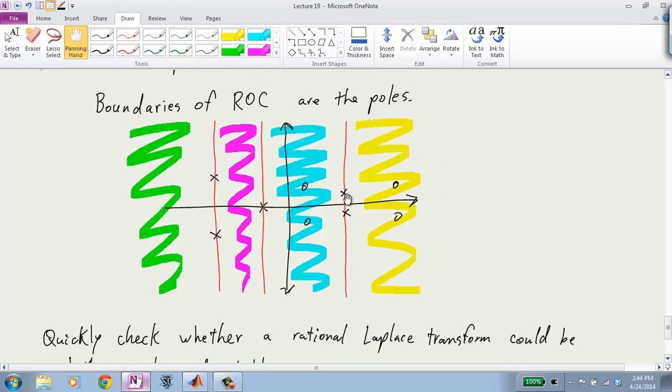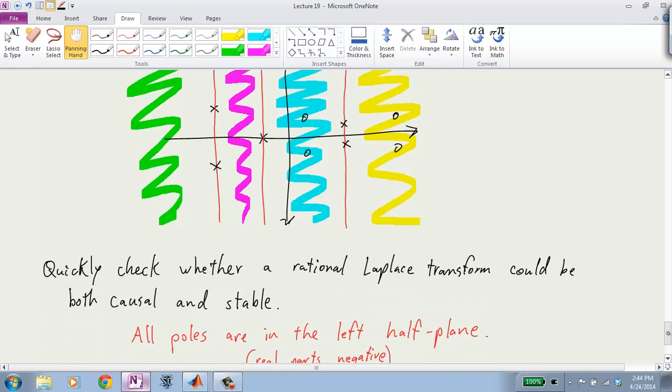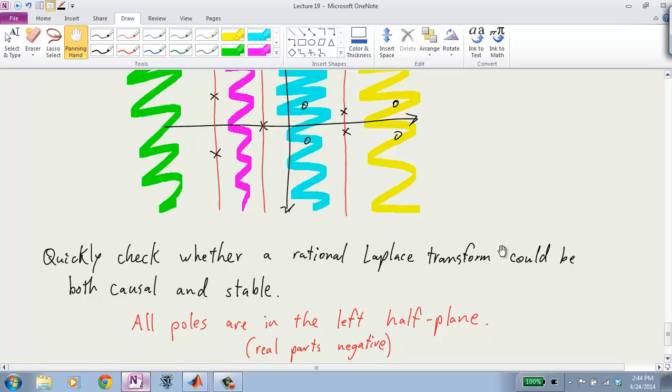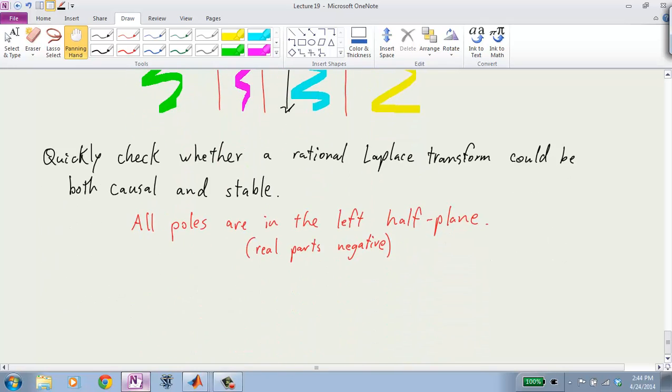And for it to be stable, the poles have to be on the left. The reason I say we check whether it could be, is because I haven't yet said whether the system is causal. But if in your actual problem you know that it's causal, then this is the condition for stability. It's a very simple condition, right?